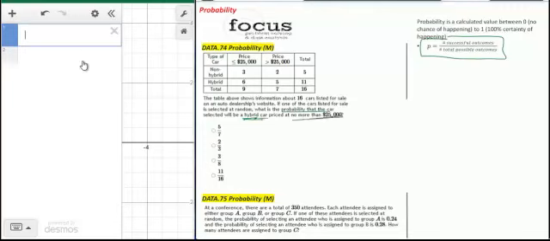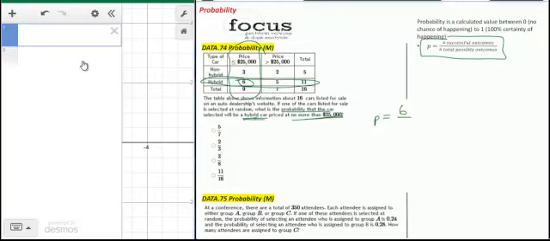So the first thing is to find your desired outcome. The hybrid cars are in this row, no more than 25,000 are this column, and so we look at the overlapping number, which is 6 possible. And then the next thing is to make sure that your total possible outcomes are what you're looking for.